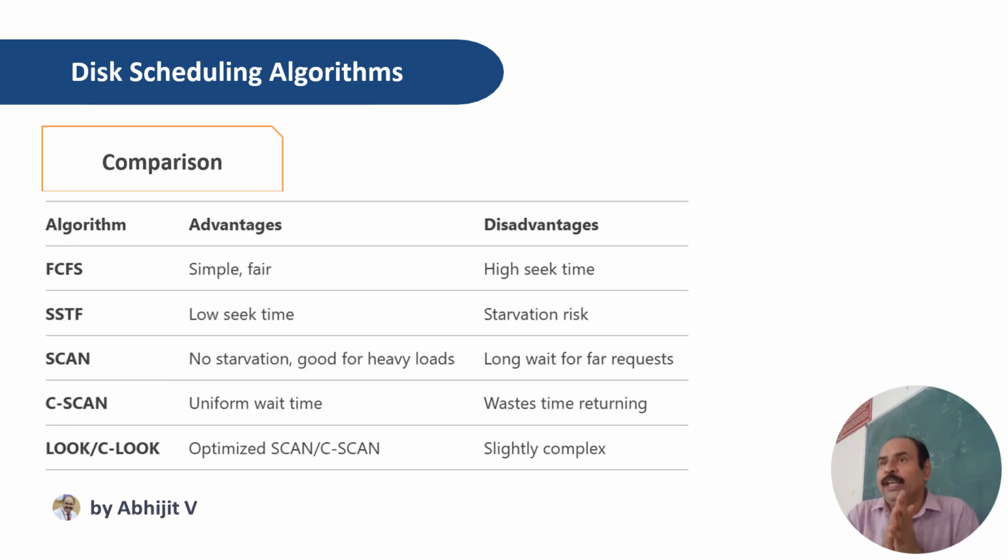So finally we'll give a comparative chart about all these five types of algorithms, their advantages and disadvantages. This is a summary of what we have seen today. The summary of the entire class, what we have seen today about these five kinds of algorithms.